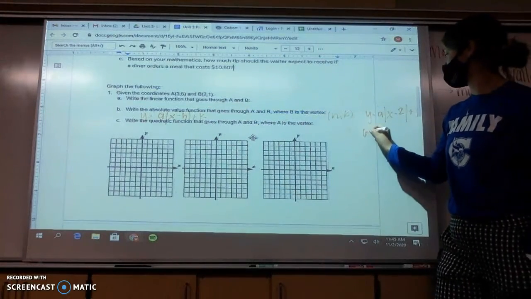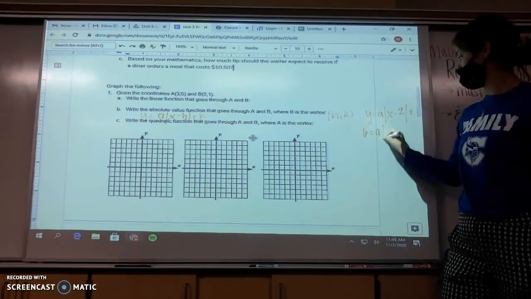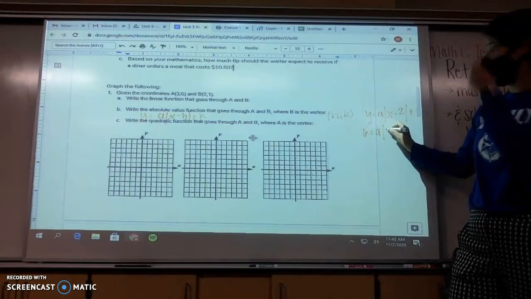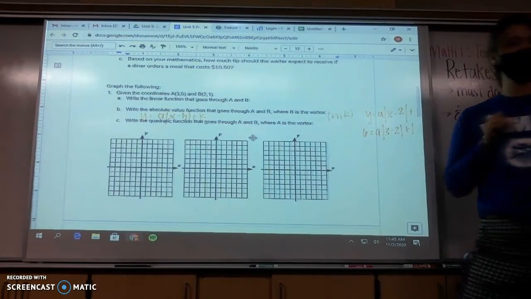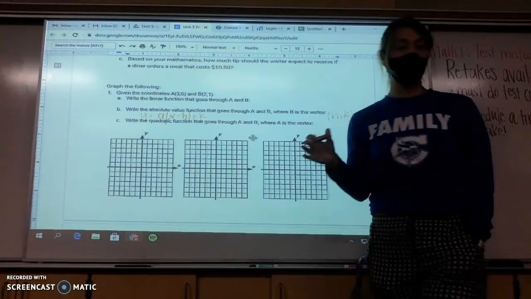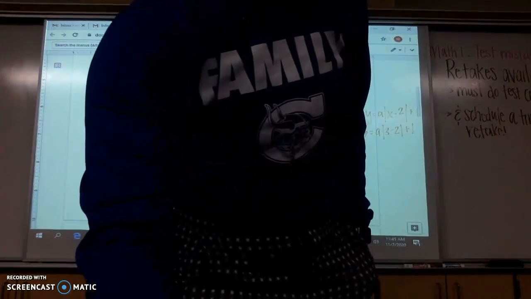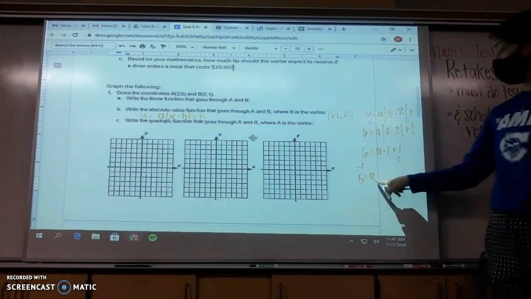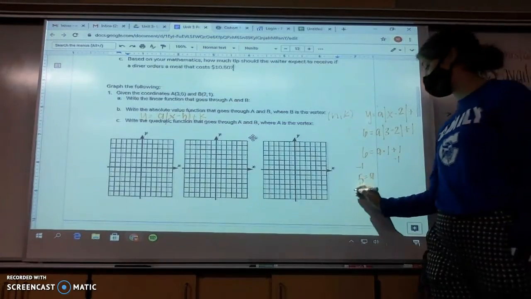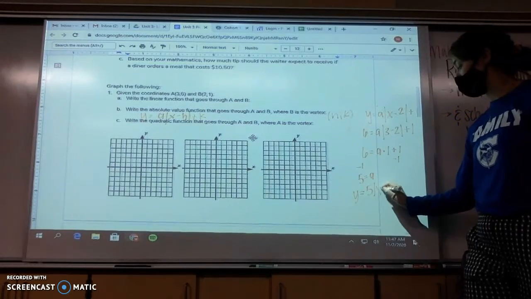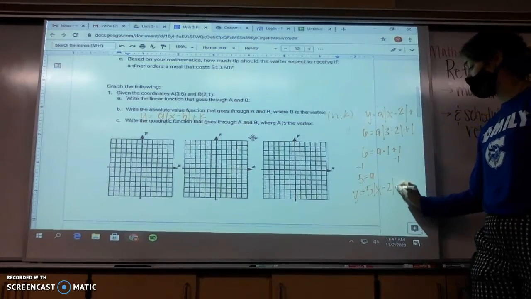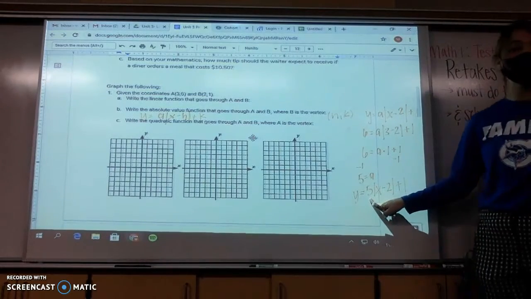So 6 equals a times the absolute value of my x, 3 minus 2, plus 1. And now you just solve for a. All right, so we got a is equal to 5, so we have the equation y is equal to 5 times the absolute value of x minus 2, plus 1. So all I did is plug my a back in.